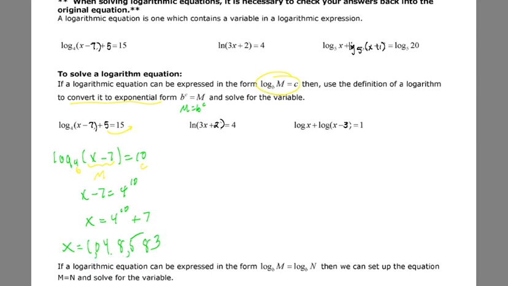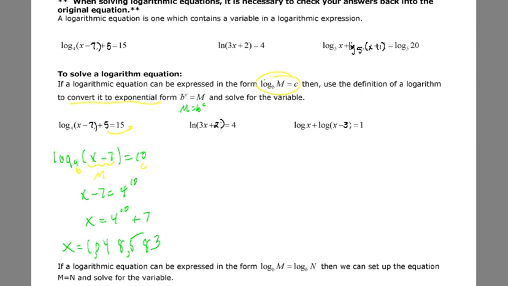So there's the exact value, the solution to that logarithm equation. Expressed it in this format, then converted it to its equivalent exponential form.